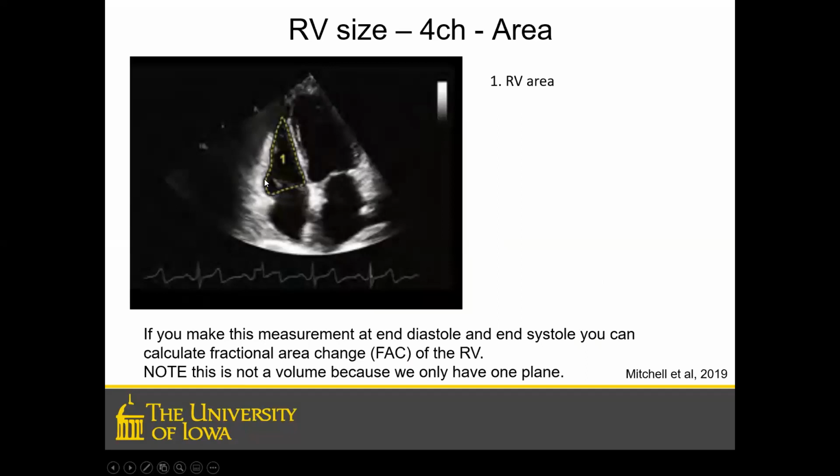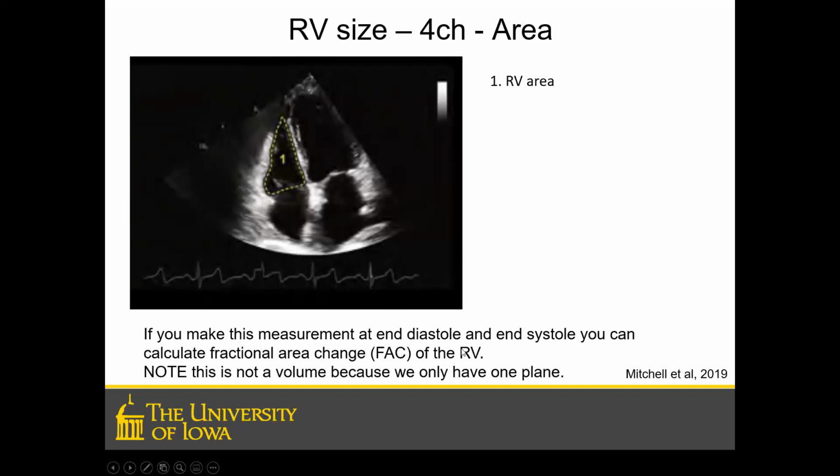We can also do a trace of this. It's the same view, RV focused view. By doing the trace, we can calculate the area. If we do an end diastolic trace and an end systolic trace, that will give us fractional area change of the RV.